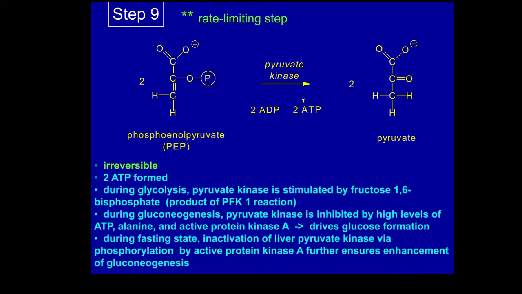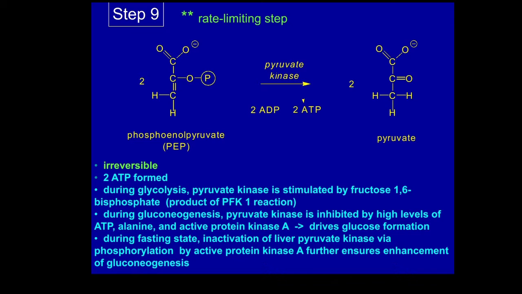And 2 of them are allosteric inhibitors, and that's ATP and alanine. Both can inhibit this enzyme. This is really a very important enzyme because it's producing energy and it's very tightly regulated.